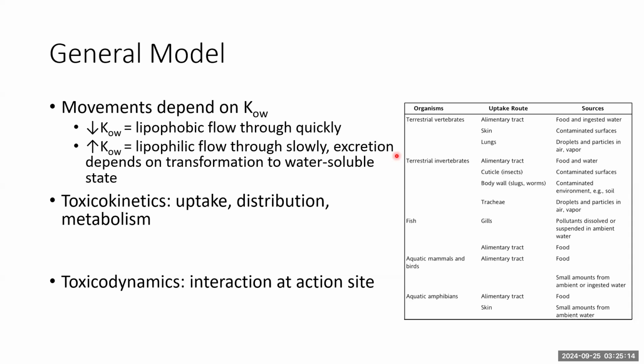We also want to think about the toxicokinetics, which include uptake, distribution, and metabolism of that substance throughout the organism's body, i.e., how much is going where. Right? Because all three of those states can also be simultaneously happening.